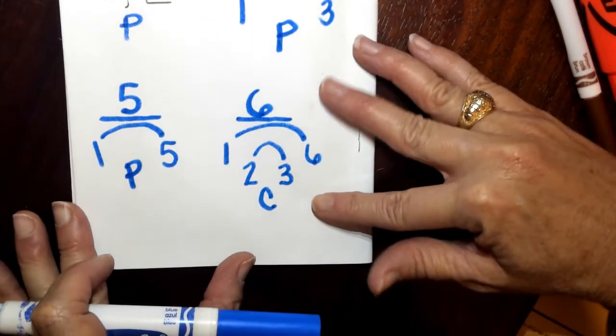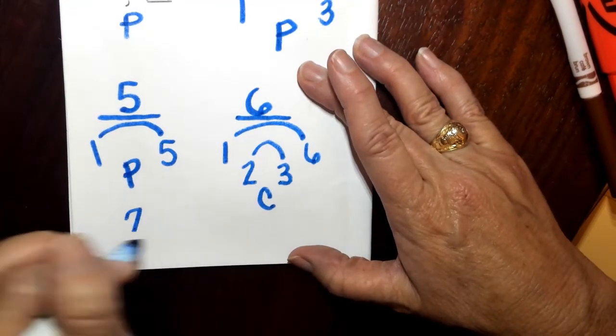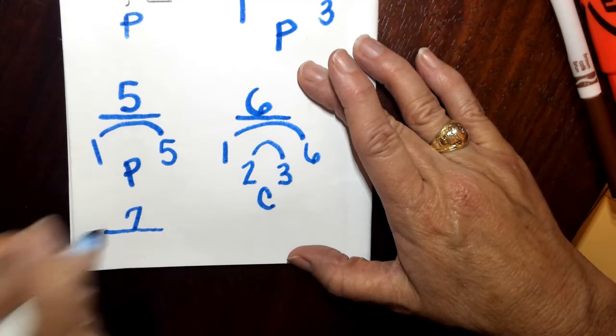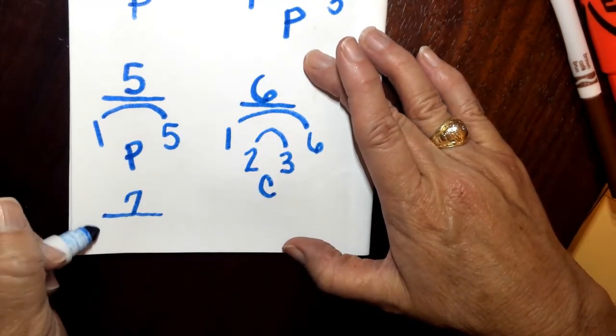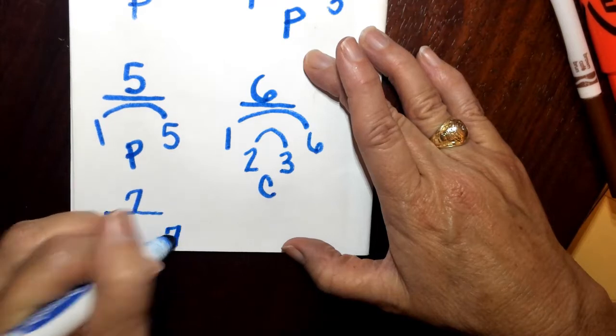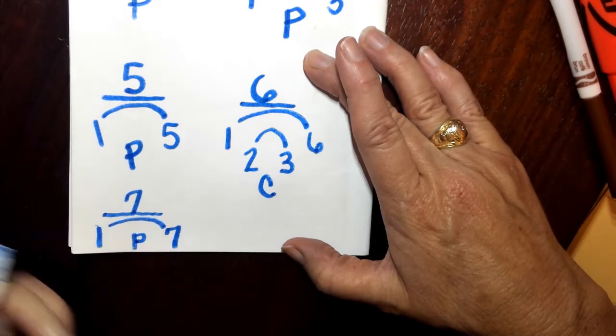And that just leaves us, boys and girls, putting the number 7 and 8 in our journal. So if we look at the number 7, our factors for 7 are 1 and 7, and so that again is a prime number.